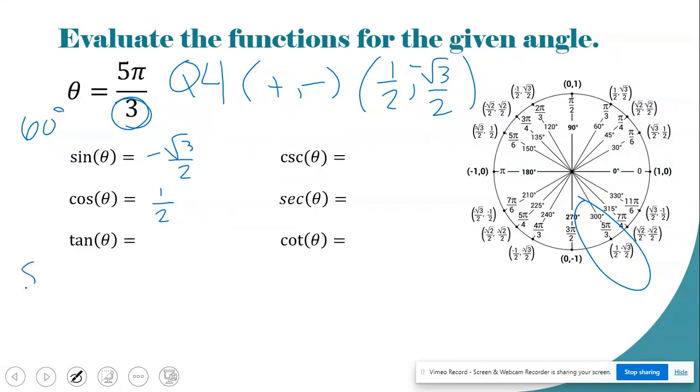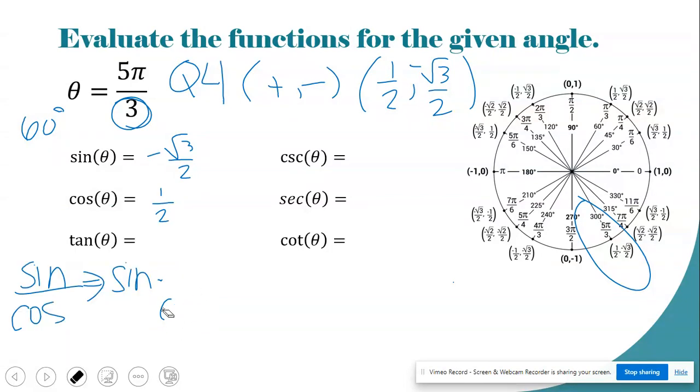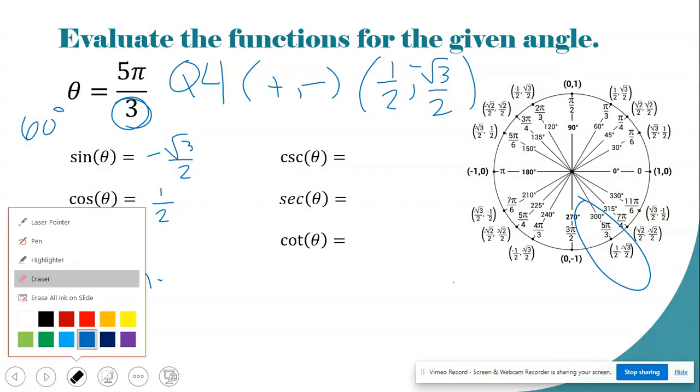Tangent, that's going to be sine divided by cosine, or really, if you want to go the keep, change, flip, you can really do sine times 1 over cosine, or the reciprocal of cosine. You could even write secant. That might even be kind of funner to write here. 1 over cosine.